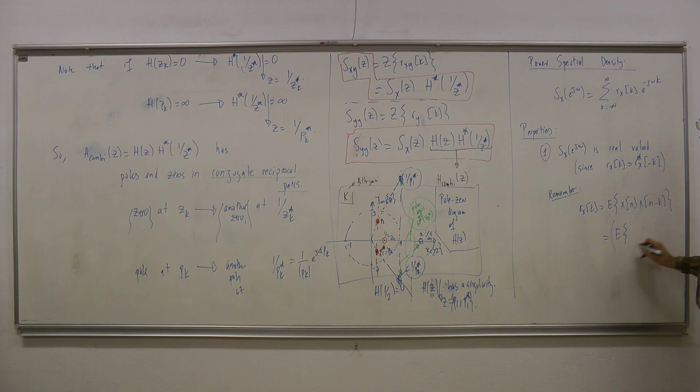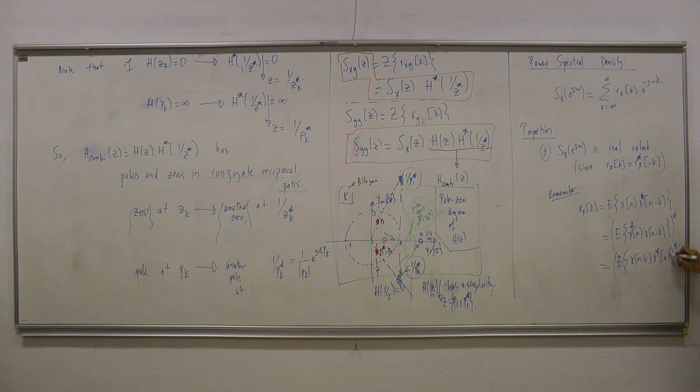Again, let me put a conjugate outside of this, and let me conjugate also this inner part. I have two conjugates. So inside of this expectation, by the definition, x of n minus k, and x conjugate of n.